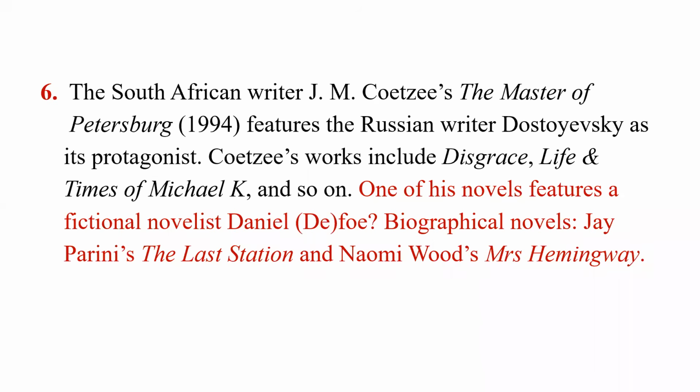I also asked them to read his famous works like Disgrace, which I would consider his masterpiece. Then Life and Times of Michael K. There are a lot of other novels. I think I have read more than 8 or 9 novels written by Coetzee, because my PhD dissertation is on Coetzee, at least one chapter.